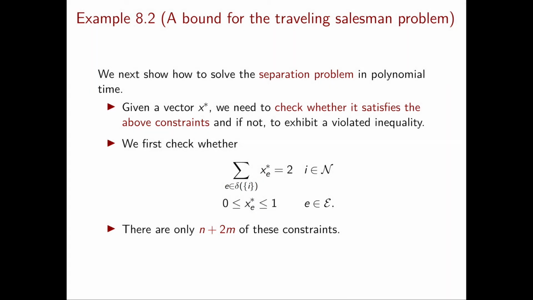So in total, I can check these n plus 2m constraints directly by simply plugging in x star. If I find any violated constraint among these ones, then I'm done because I know that x star is not in my polyhedron and I've also found a violated constraint. So let's now assume that x star satisfies all these constraints.